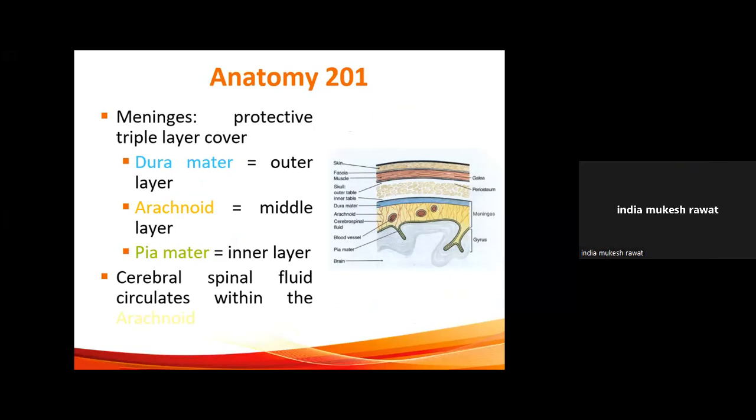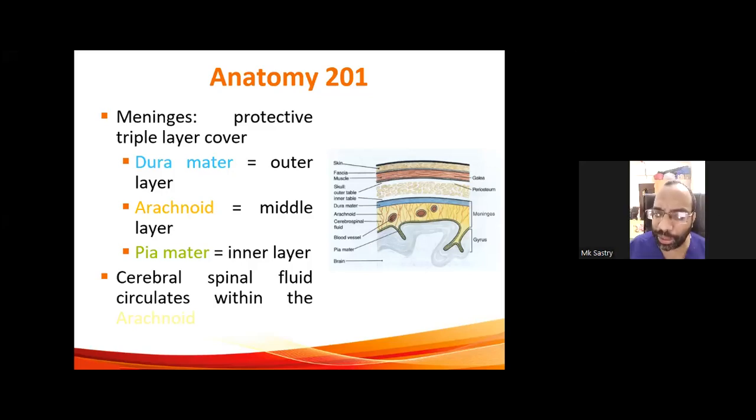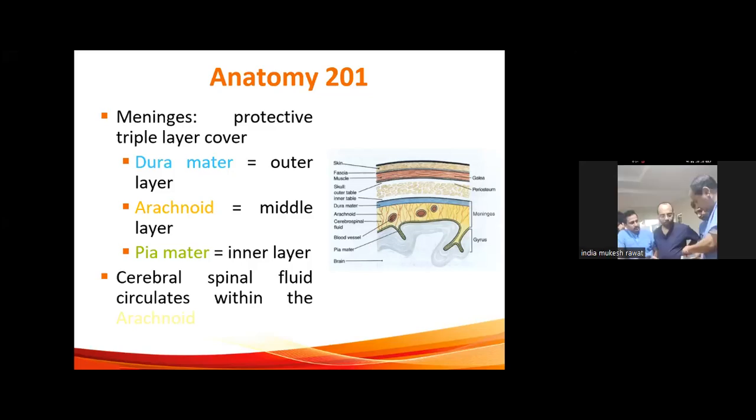Dura mater, arachnoid, and pia mater. Right? Yes, sir. And cerebrospinal fluid circulates within this. But there is another concept: the glymphatic system has been described as another system. Right? Yes, sir.